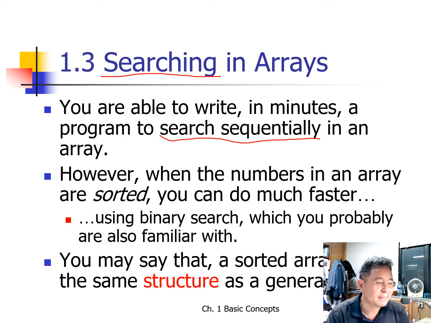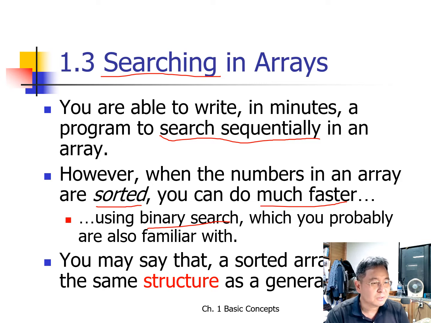Sequential means that it will search from the first data, proceeding one by one, until the last data. That is a sequential search. But if the data is sorted and then stored in the array, it can be searched much faster using the binary search method.